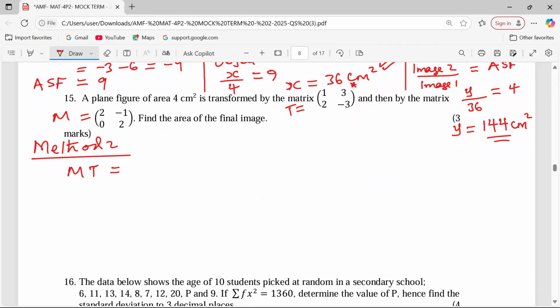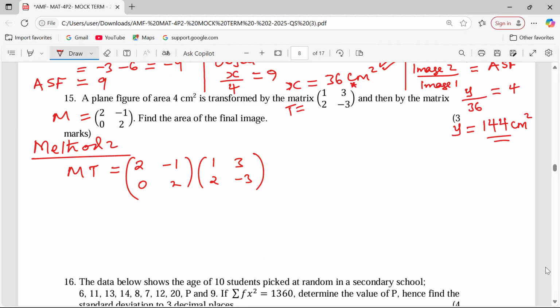Therefore, we can get one matrix of transformation which can represent the two matrices there by taking the product according to how the matrices have been written. Therefore, MT means we start with M, [2, -1; 0, 2], followed by [1, 3; 2, -3].